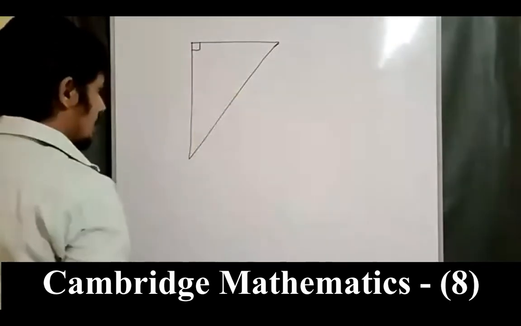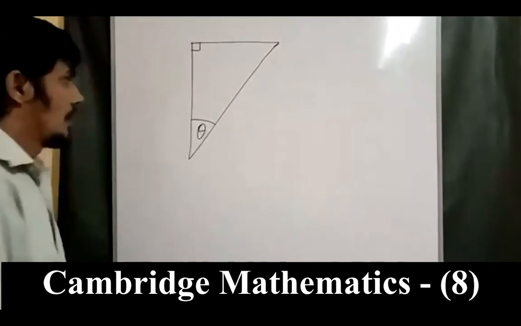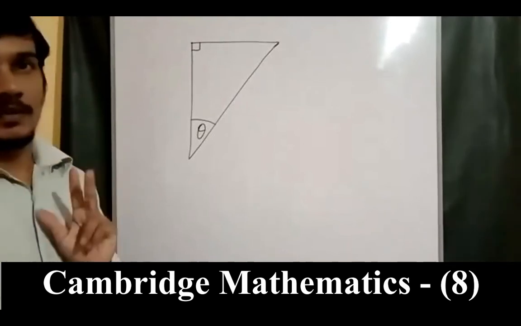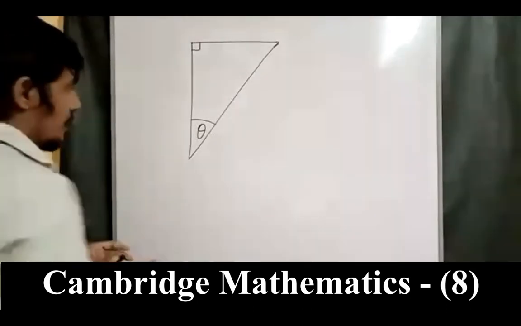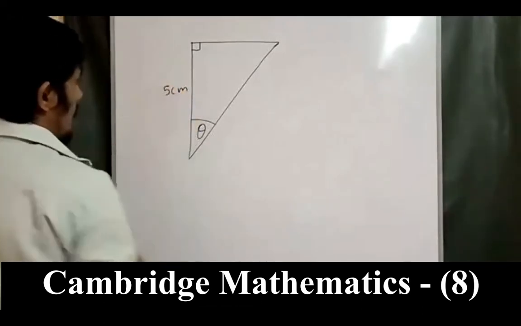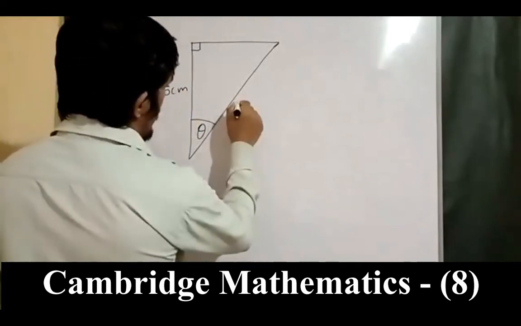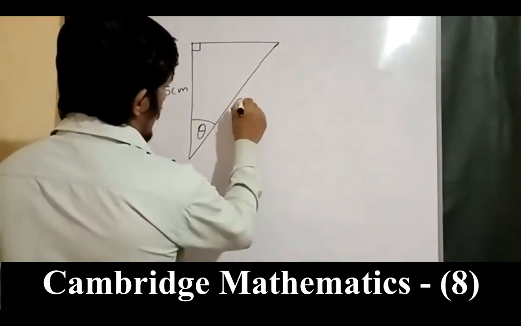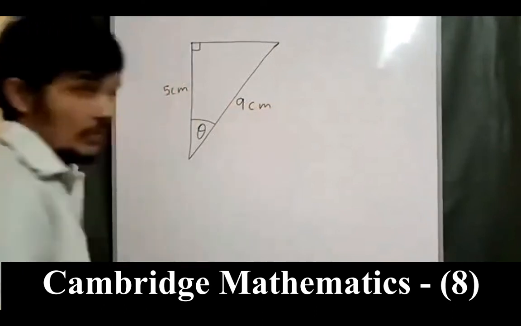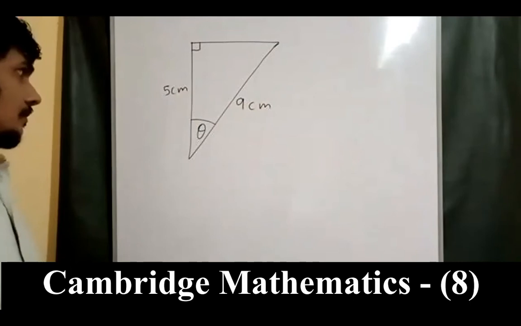I can use any other letter, it doesn't matter. I will be giving two sides of the triangle. So I'll give here 5 centimeters and here 9 centimeters.